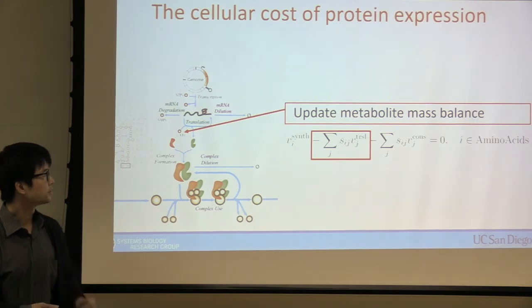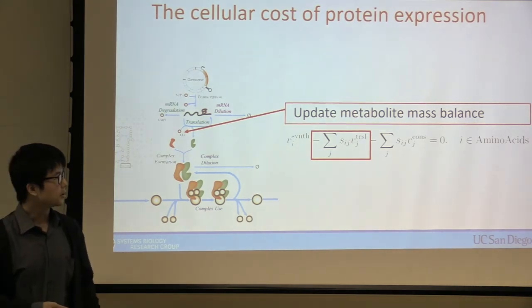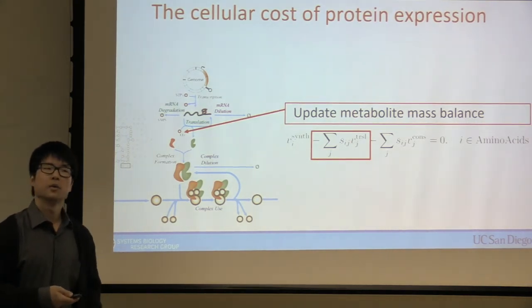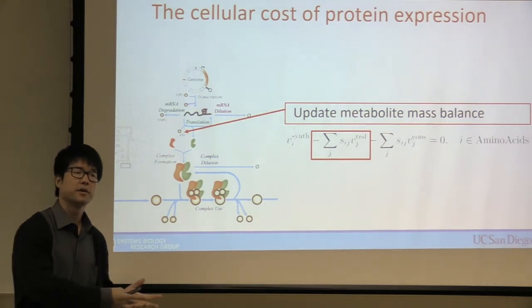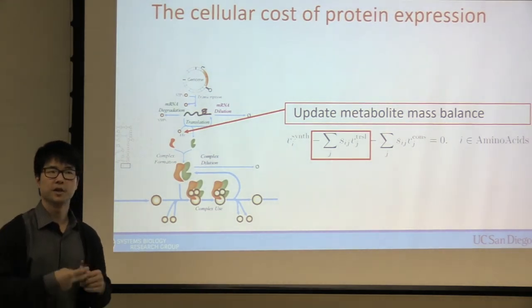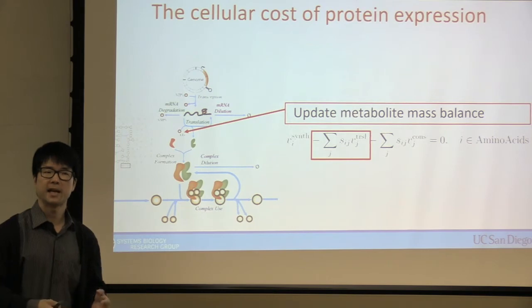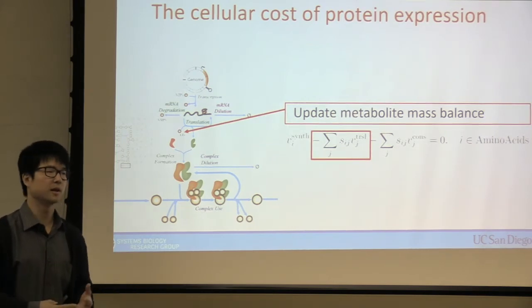And what we can do next in terms of the translation flux is note that the translation flux is now another consumer of an amino acid, which also needs to be mass balanced within the entire metabolic network.